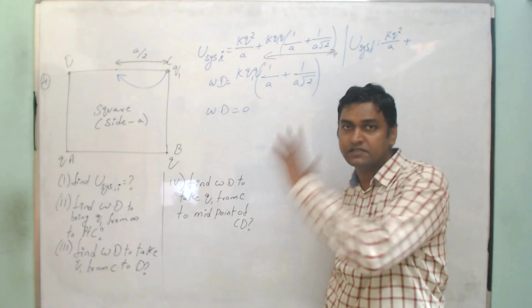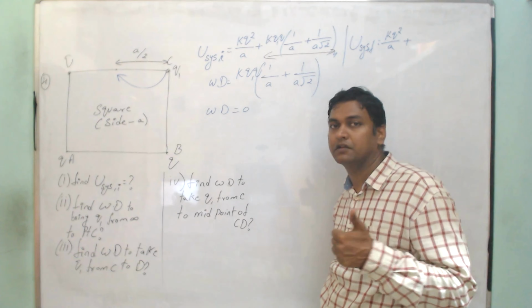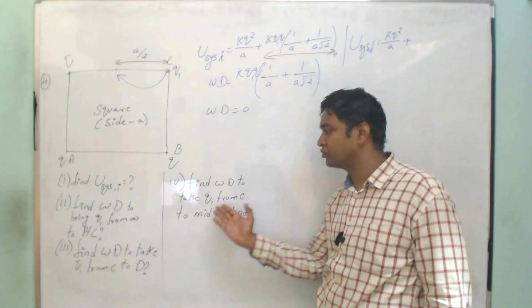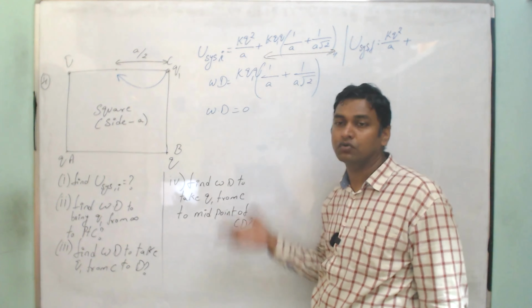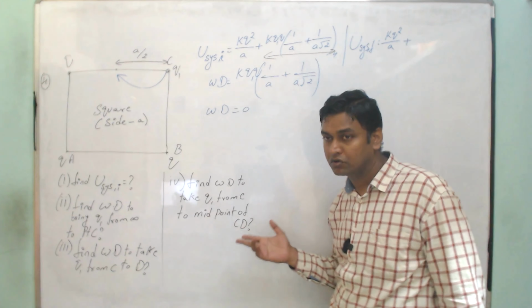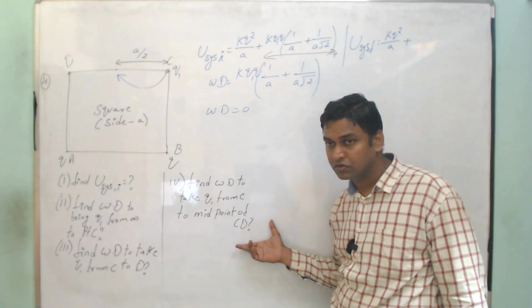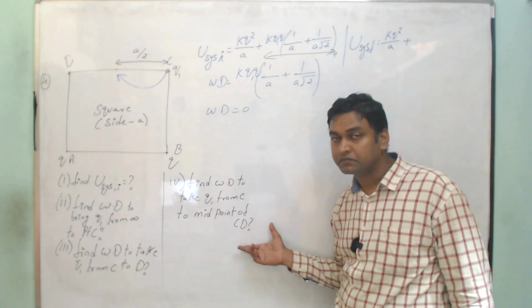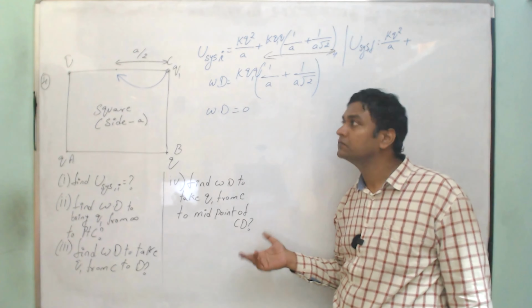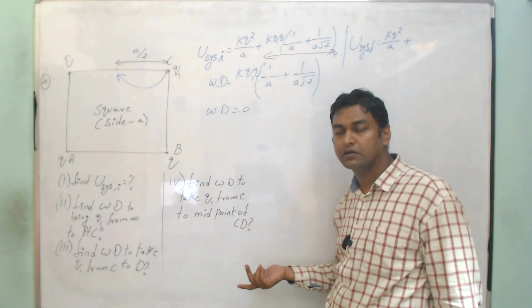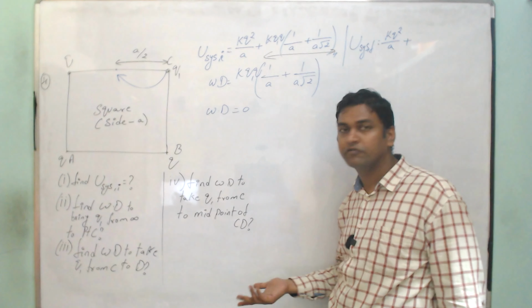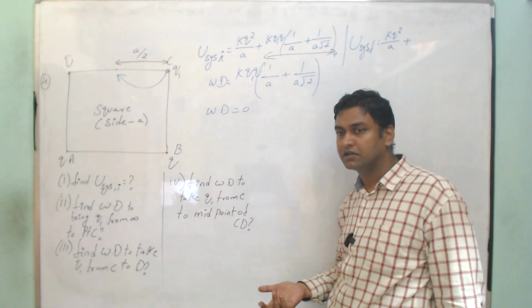So work done is this. Great. Why do I have to think about infinity now? I told it for the second question. In this question, the initial point will be C, the final point will be the midpoint. So we take the difference between the potential energies. Final minus initial. Simple.